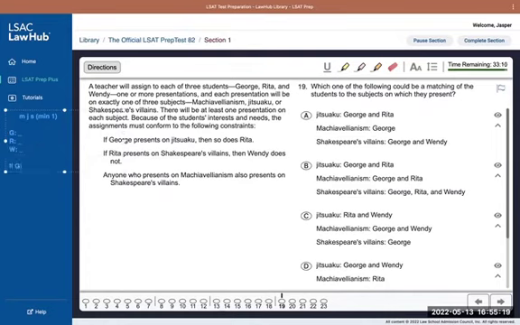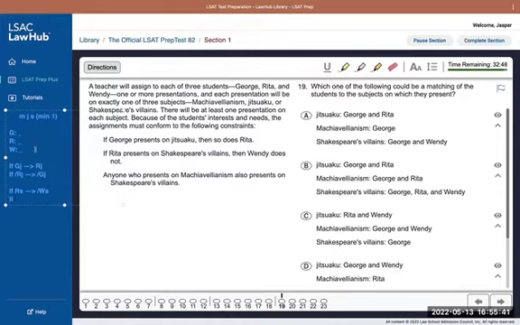So if G presents on J, then Rita does as well. And if R doesn't present on J, then G can't present on J, would be the contrapositive. If R presents on S, then Wendy does not. I'm just doing the little slash in front to indicate not.